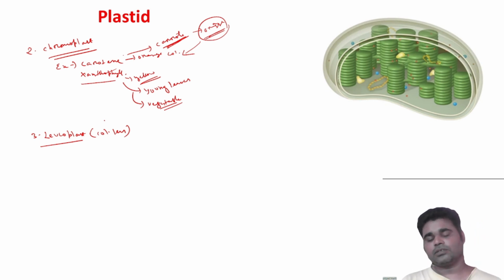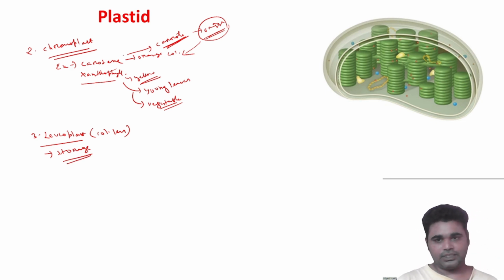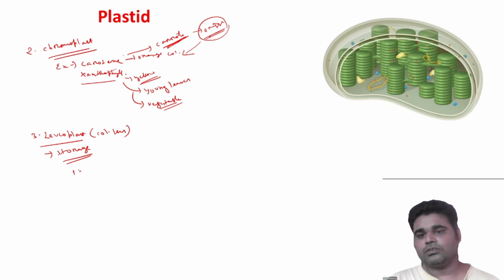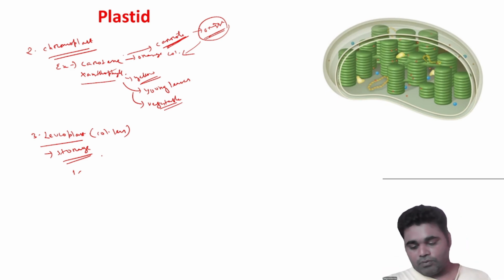So what is the function of the leucoplast? It helps in storage. It stores many molecules. For example, there are many types of leucoplast, and on the basis of the storage item, the leucoplasts are divided into many parts. One is called the amyloplast.